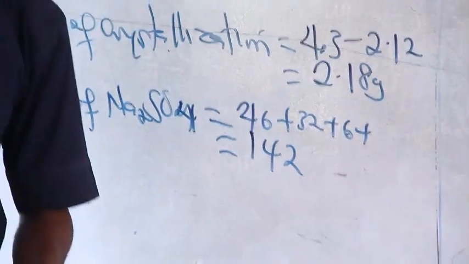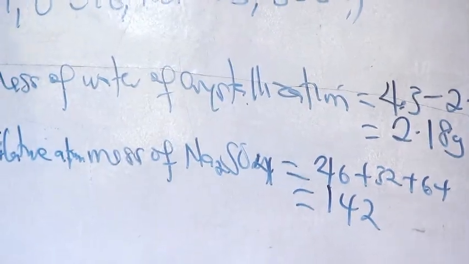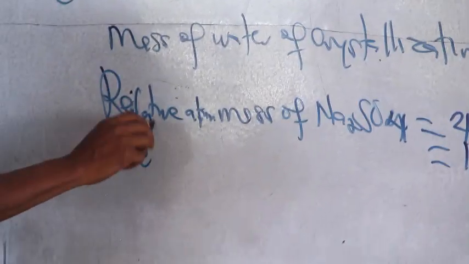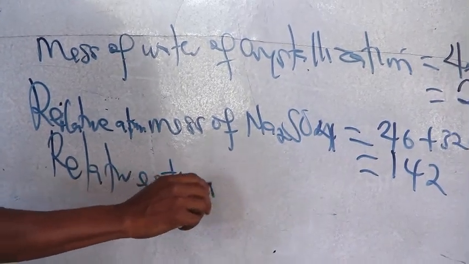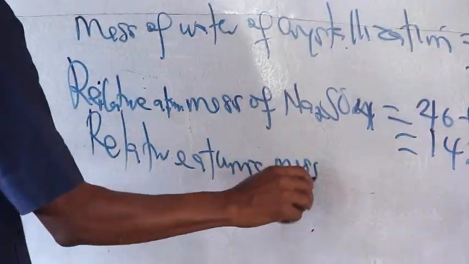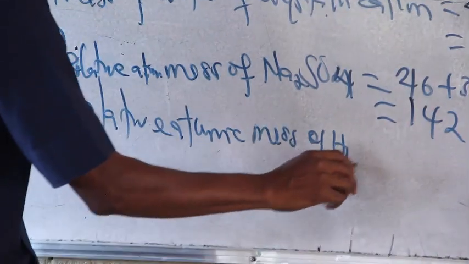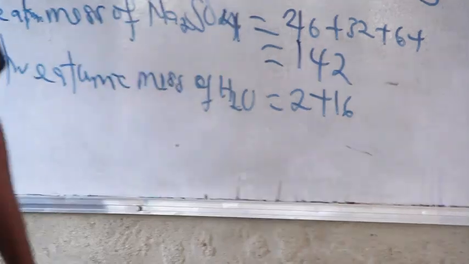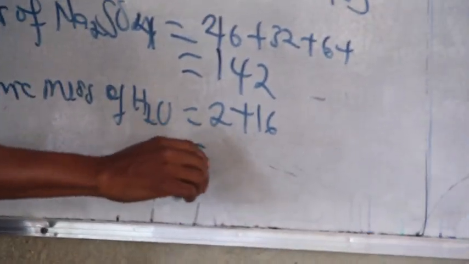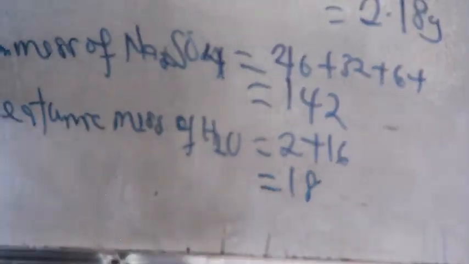Also, we need to know the relative atomic mass of water. The relative molecular mass of H2O will give us 2 plus 16, and that will give us 18.